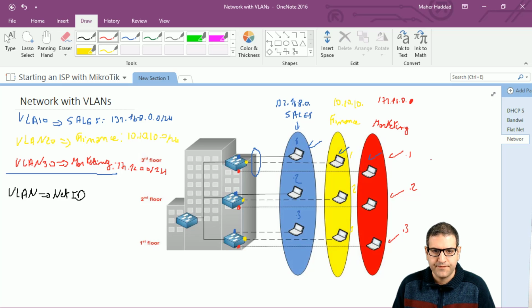So for example, let's take the case of the sales VLAN here, okay? What will happen in case, for example, PC3 wants to communicate to PC1 of VLAN 10, which is the sales VLAN, and he doesn't have the MAC address of PC1?